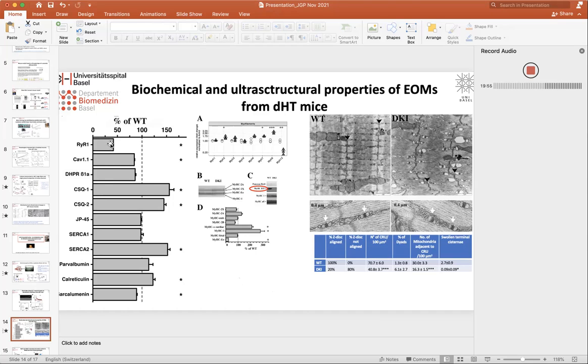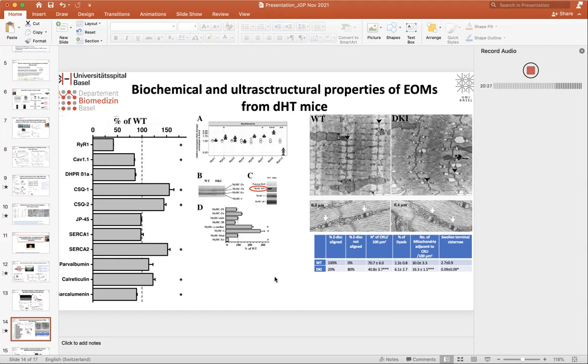So they express RYR1, but then CaV1.1 as well as CaV1.2. They also express the beta 1 subunit. They express calsequestrin 1 and calsequestrin 2, SERCA1 and SERCA2, etc. And as you can see here, in extraocular muscles, differently from what we saw in the EDL and soleus, both the ryanodine receptor and the DHP receptor seem to be present at reduced amounts, while calsequestrin 1 and calsequestrin 2 are present at higher levels.